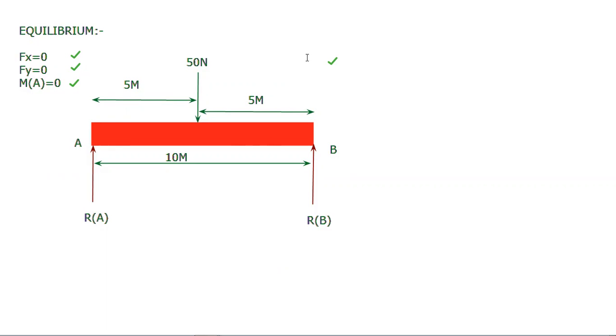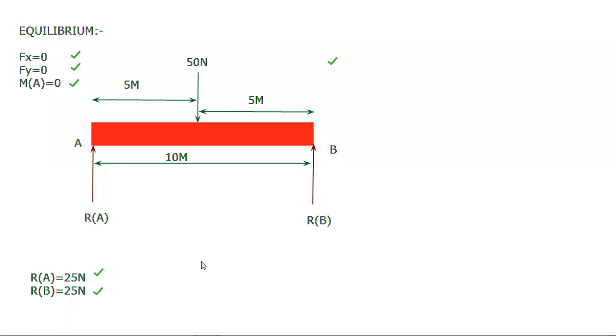So here your RA, that is reaction at point A, will be 25 Newton, and reaction at point B will also be 25 Newton. These two will be the support reactions, RA and RB.